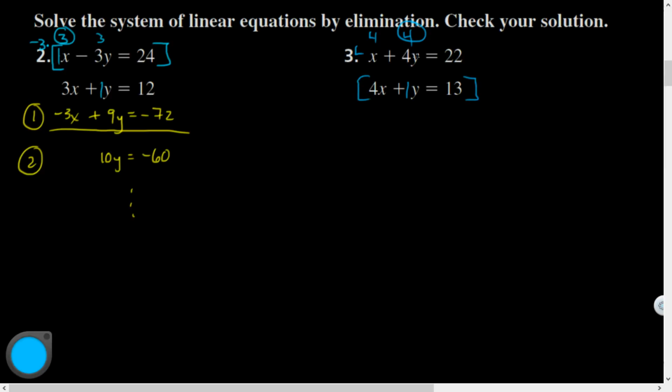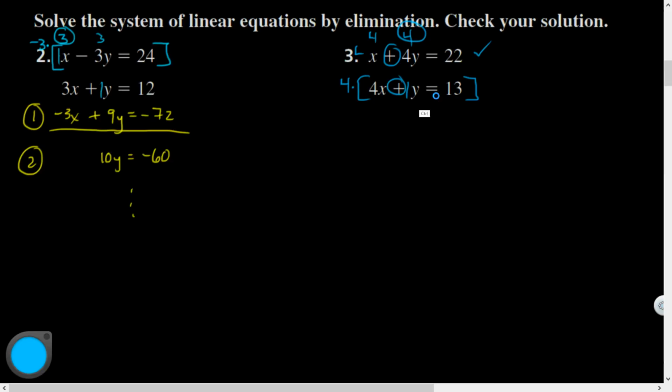So let's see. This equation already has a 4y. We're good. I like that. How do I get this to become a 4y? What would I have to multiply it by? 1 times what is going to be 4? Yeah, multiply this equation by 4. But not only do I want it to be a 4, I want these to be opposites.